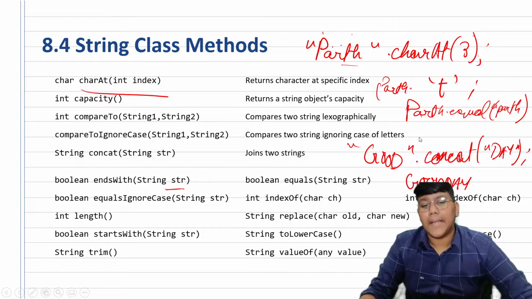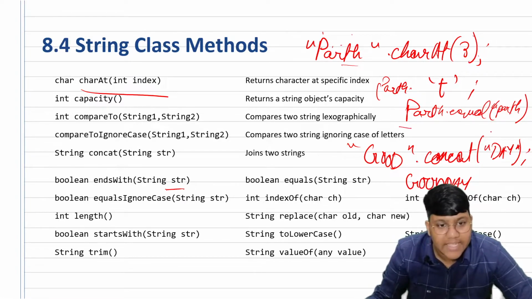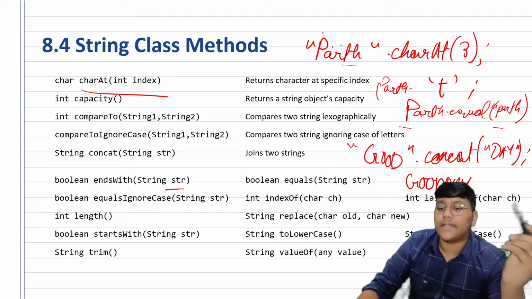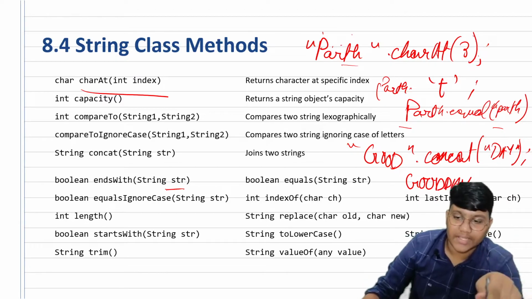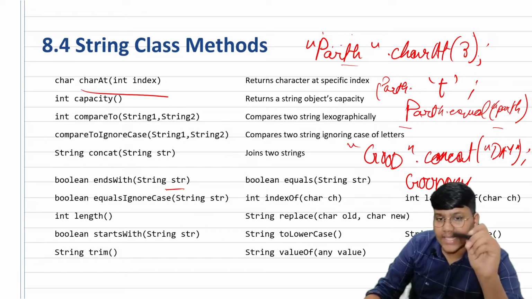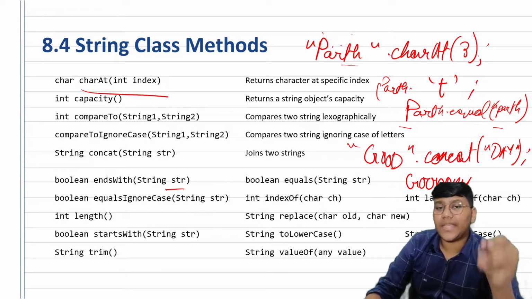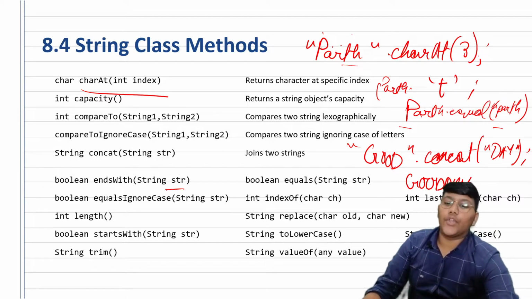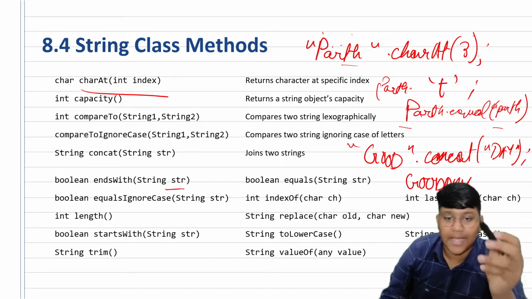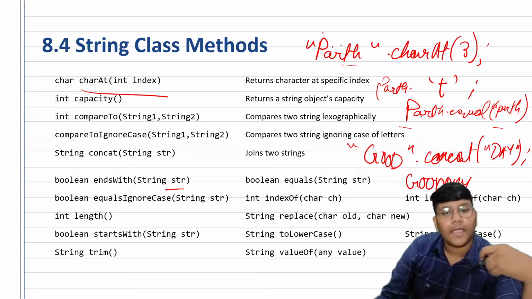Because here P is capital, here P is small, and Java is case sensitive. Then comes boolean equalsIgnoreCase. If instead of equals we use equalsIgnoreCase, then it will be true, because it ignores the case. Then int indexOf, for example, parth.indexOf('a').